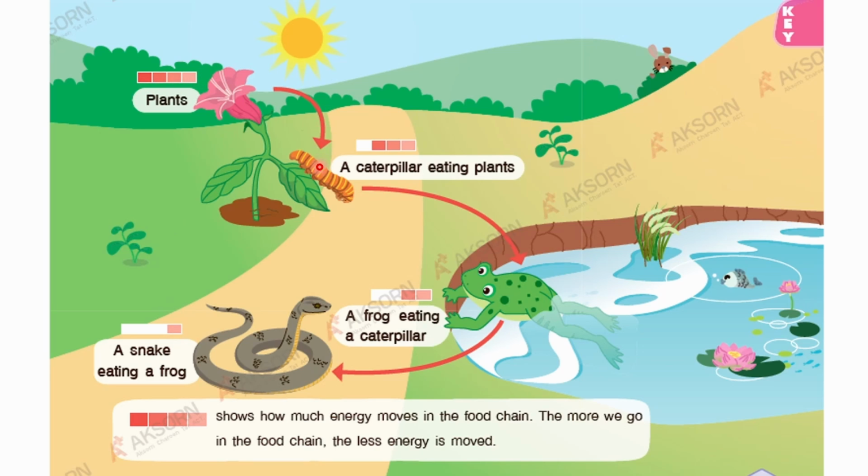So each time you go down the food chain, or along the food chain, the energy gets less. You can see here these squares show how much energy moves in the food chain. The more we go in the food chain, the less energy is moved. Okay, so let's go to the next part.